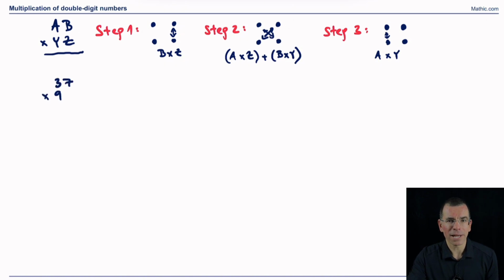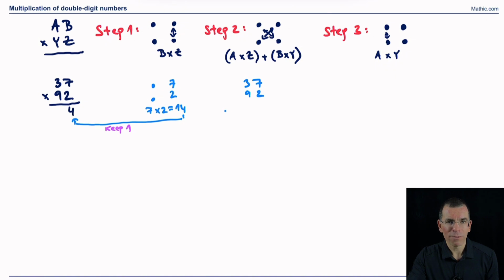Well, let's explain this method with the example of multiplication of 37 times 92. In step 1, we will multiply the last digits of the numbers, that is 7 times 2. The result is 14. We can write the last digit of the result, that is number 4, into our final result as the last digit. We keep in mind that the first digit, that is number 1, has not been used yet.